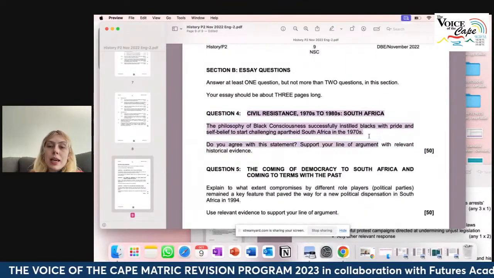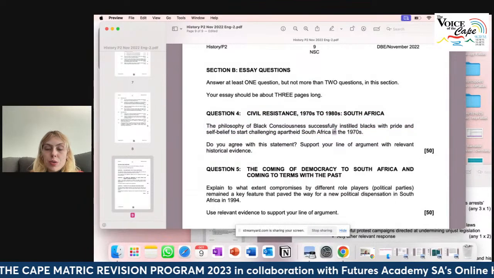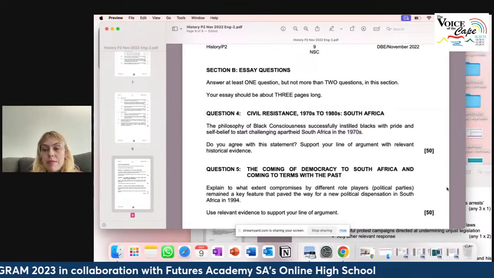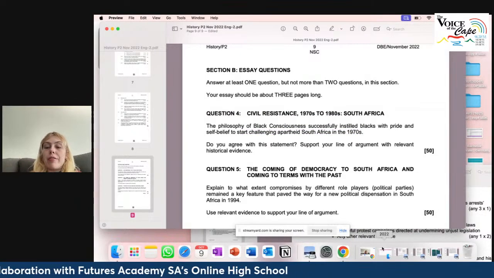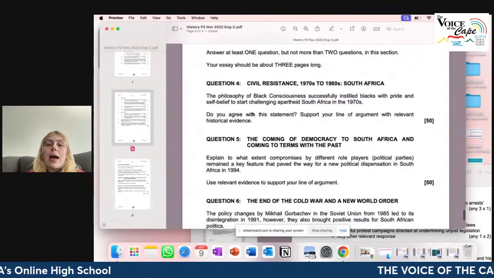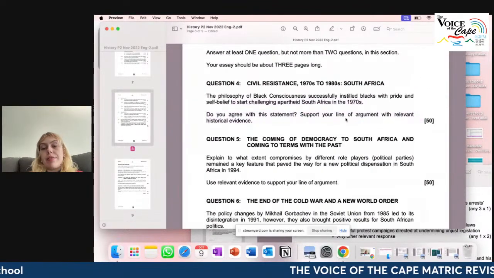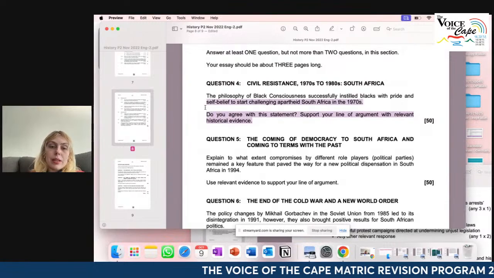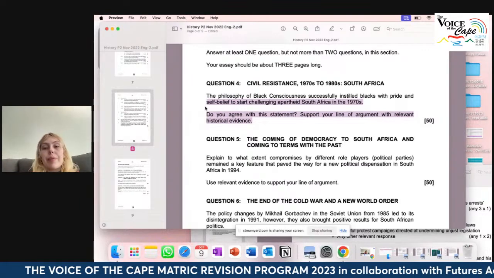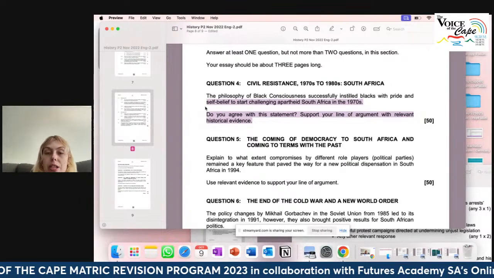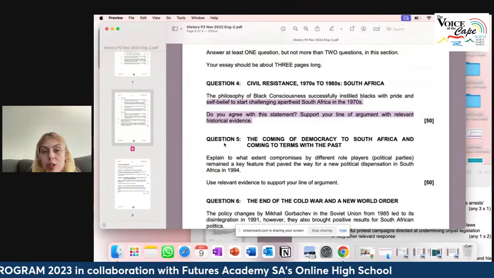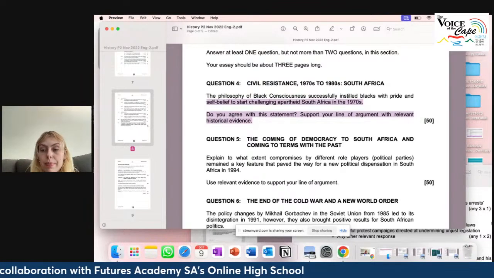We have Black consciousness in the 1970s, and then the crisis of apartheid that we did the source-based question on. Then we have the negotiated settlement and the government of national unity, democratic elections, and then the TRC topic. It follows in chronological order as history goes.